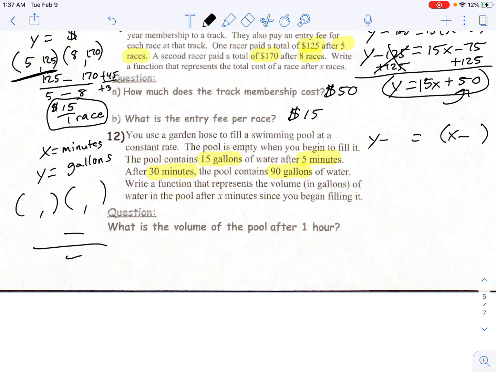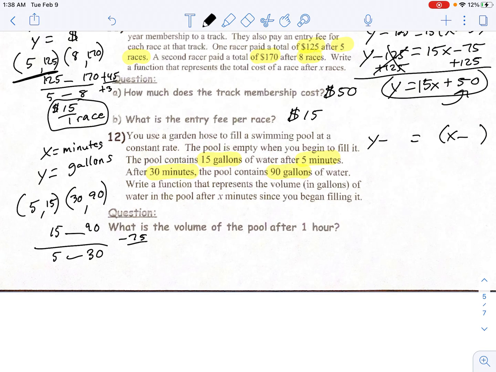So if X is in minutes and Y is in gallons, 5 minutes for 15 gallons, and then 30 minutes for 90 gallons. And now we drop the Y's down on top, the X's down on bottom. Whoops, that's 5, not 15. So 5 and then 30.